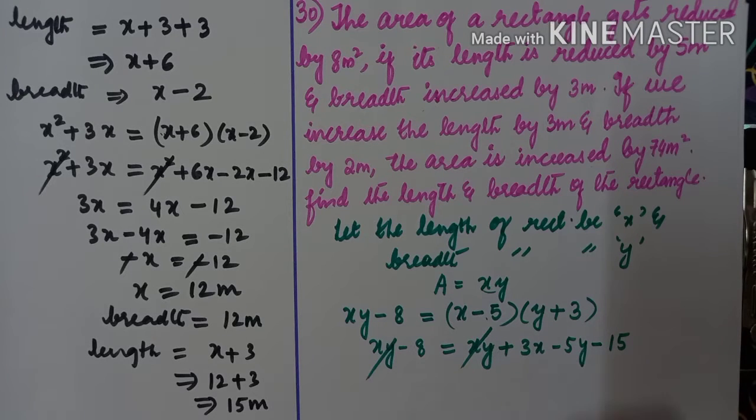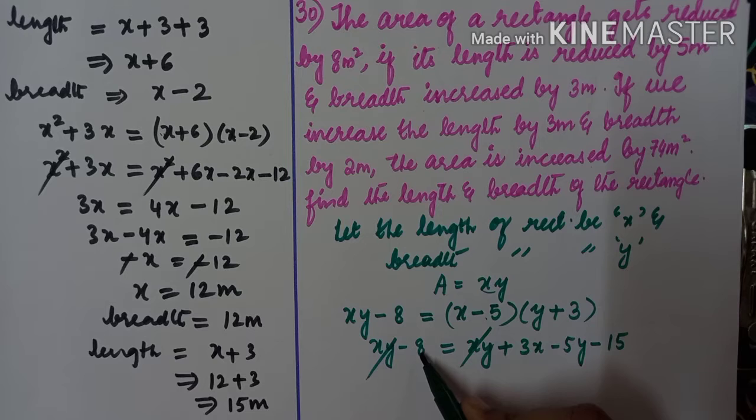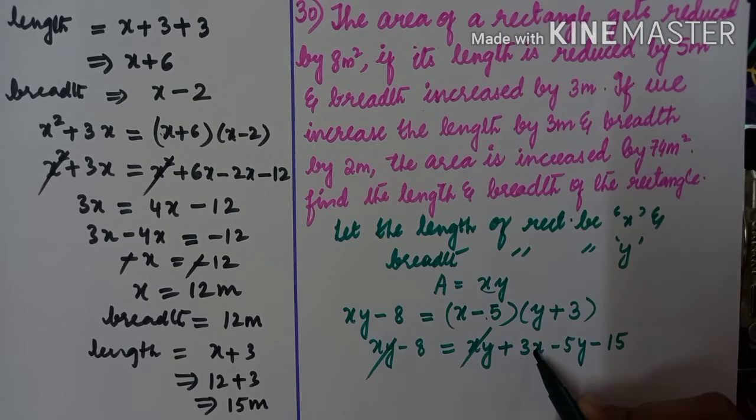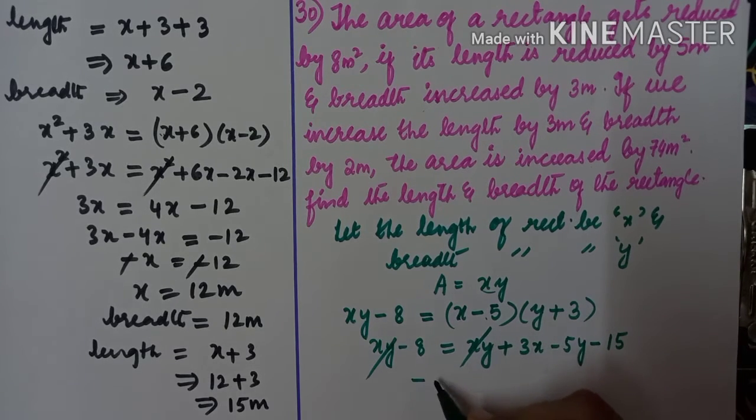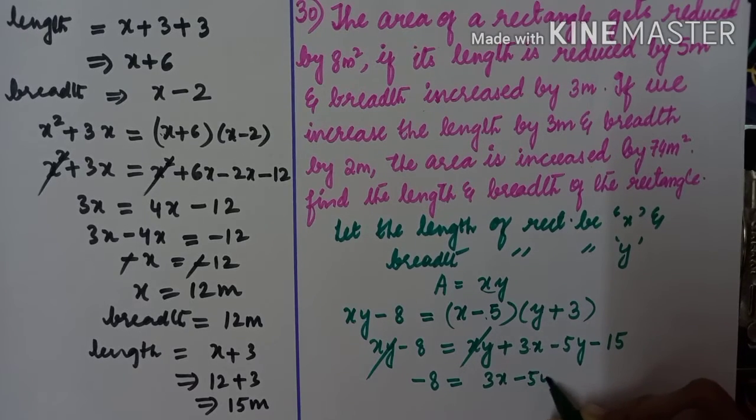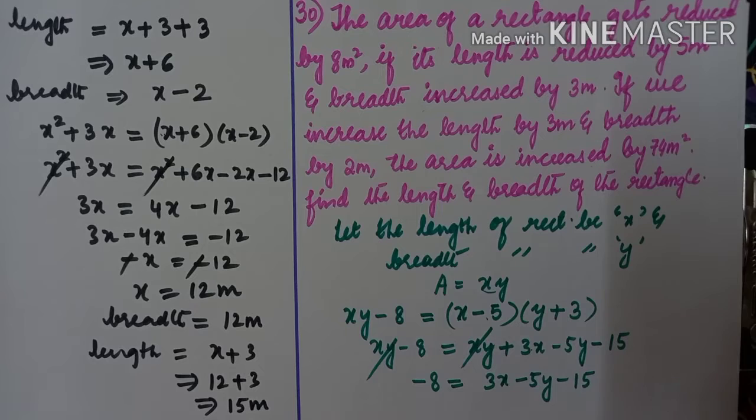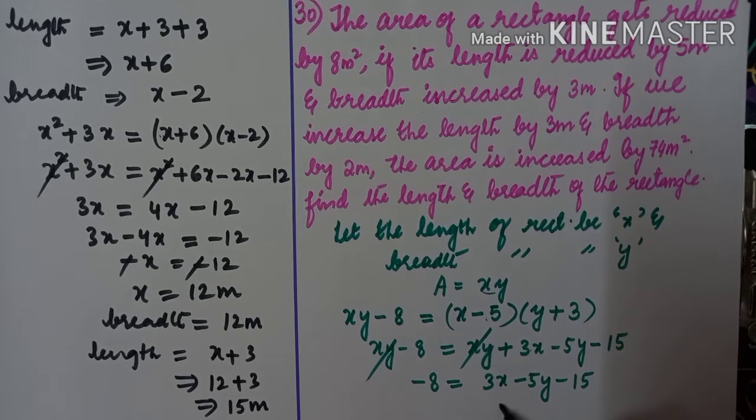After this, here you can see minus 8 is there, let us write minus 8, then here 3x minus 5y minus 15, just as it is I am writing, only xy we are not writing. Let us just keep 3x minus 5y as it is.